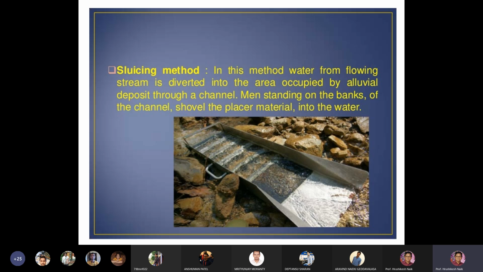Men standing on the banks of the channel shovel the placer material into the water, and the water carries the placer deposits, and they are filtered. They are collected in these sluice boxes. So that is why this method of mining is called the sluicing method.